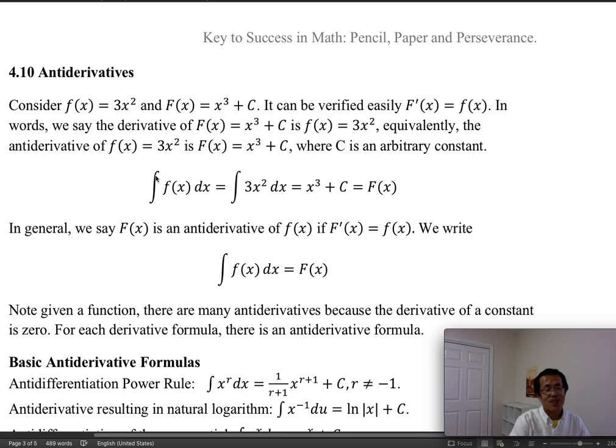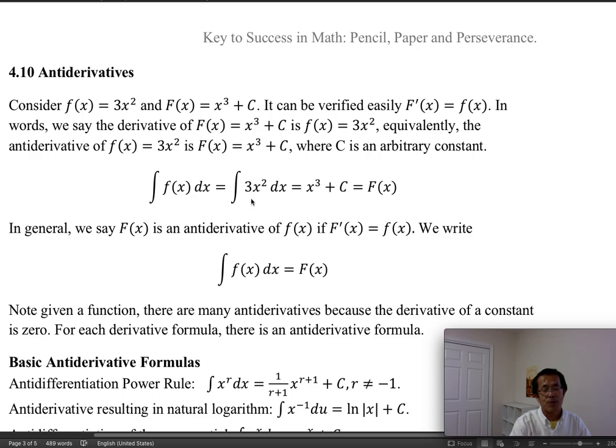So we are using this integral notation, which is an elongated S. I call this a long S, because you want to consider the integral as a long sum. It's a huge sum. It's an infinite sum. The antiderivative of the lowercase f is the uppercase F.